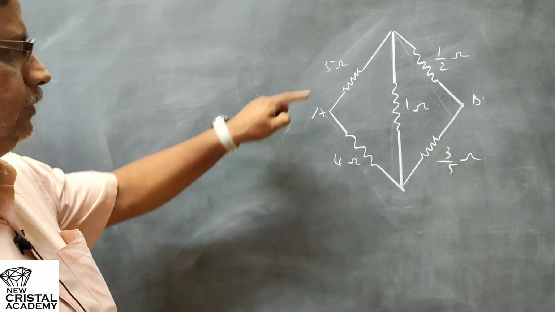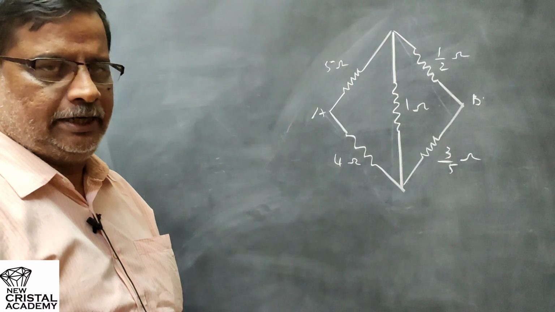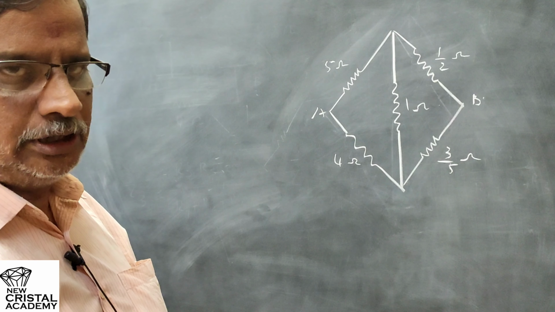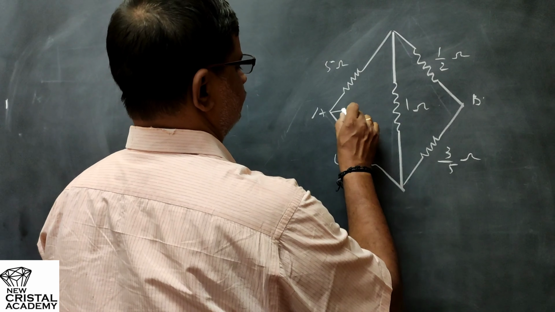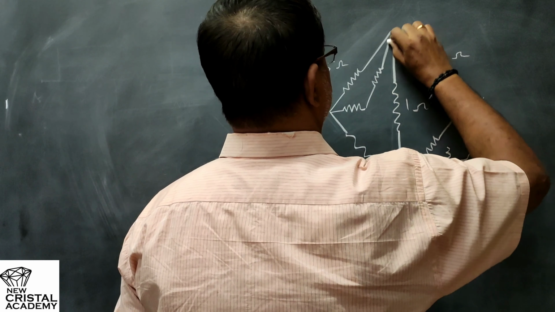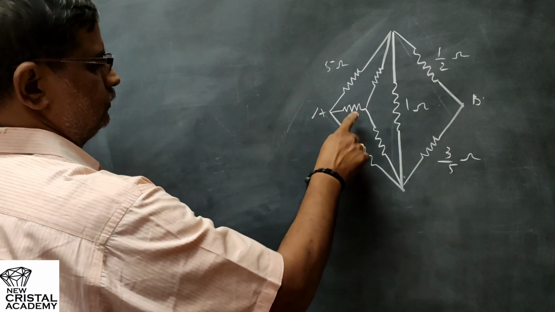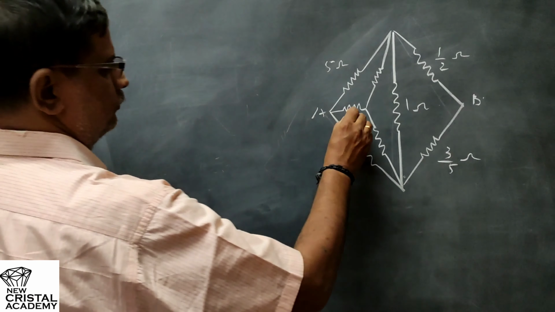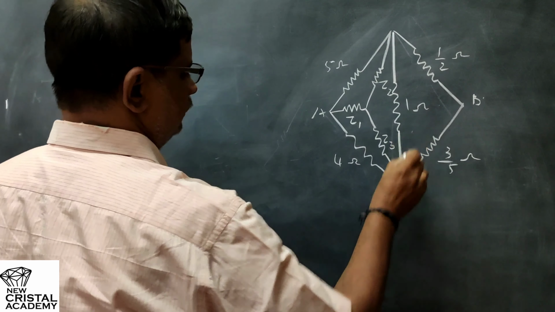Now let us replace these 3 resistors 5, 4 and 1 by using the technique that we have just now learnt, the delta to star conversion. So we will draw 3 resistances here. This is the first one, and this is our second resistor, and this is the third one. Let us call this as Z1, this as Z2 and this as Z3.